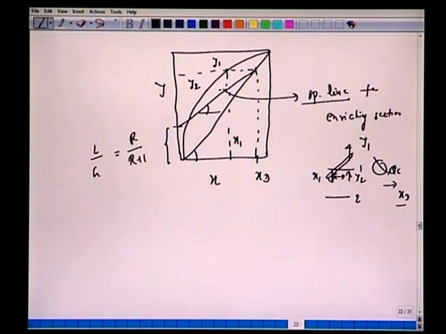But it's more convenient to start from x_D on the 45-degree line. Mark this, connect it, and you will measure the same slope as before, R over R plus 1. This is the intercept, which is actually x_D over R plus 1.